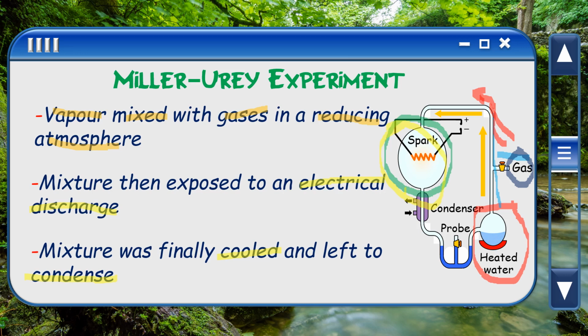It was taken to this area and cooled, and then after cooling it became condensed. It turned back into the liquid form, and when it turned into liquid, it came and collected down here. So what did they find out?